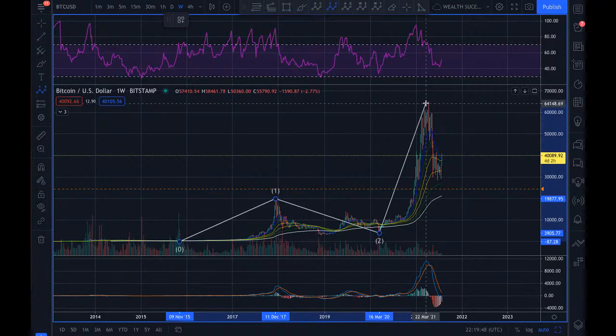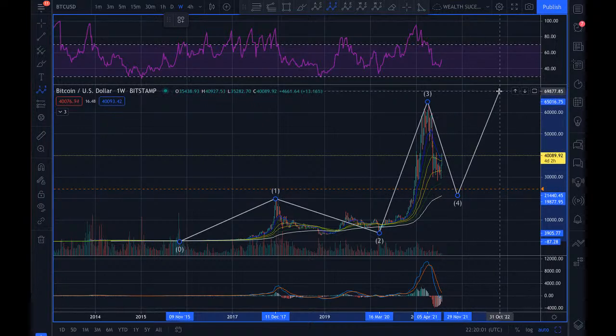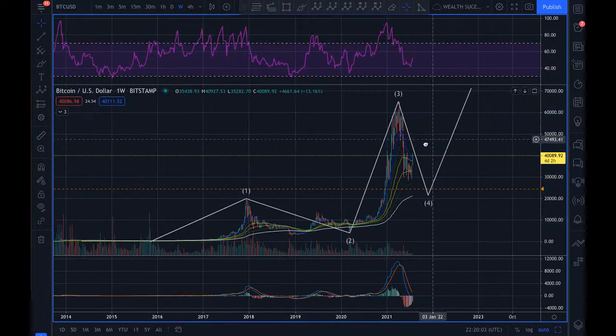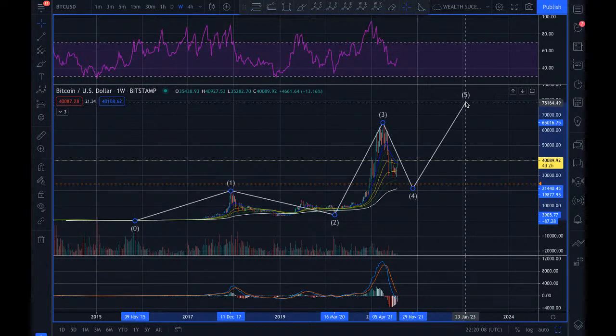1, 2, 3. I think wave 4 is going to come down to 20 grand or 21 or so. There's that moving average. And then the wave 5 will come up and make a new high. Could be 80 grand or something like that.